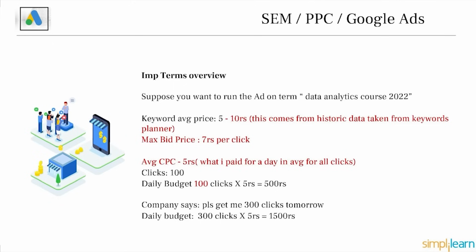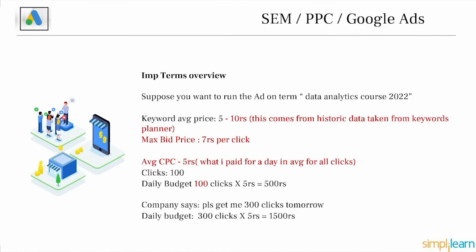Okay, so this is a very simple example to explain how things work. You submit something, then on the basis of a lot of factors Google calculates and gives you clicks, and once you have the data, you can understand how this is all working.